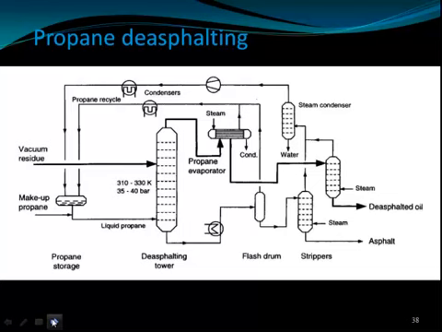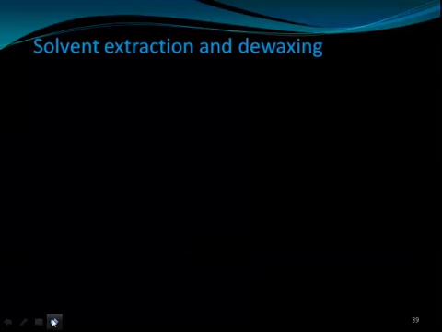Then propane is added, so propane will dissolve the oil, whereas the other components won't. So by solvent extraction, just adding the propane, we can separate the oil and the asphalt, and then we can remove propane by heating it, and we have the deasphalted oil, which we can send for further thermal processes.